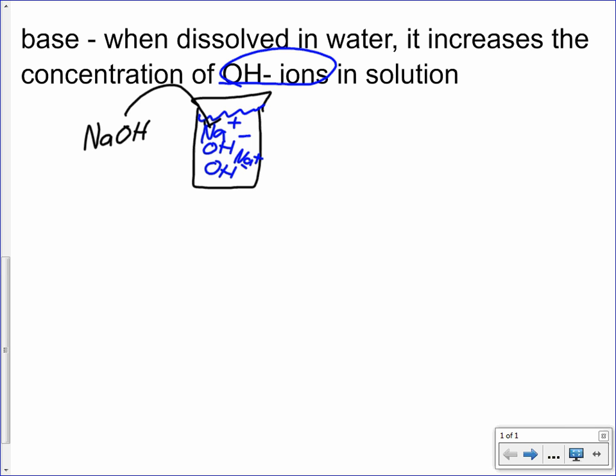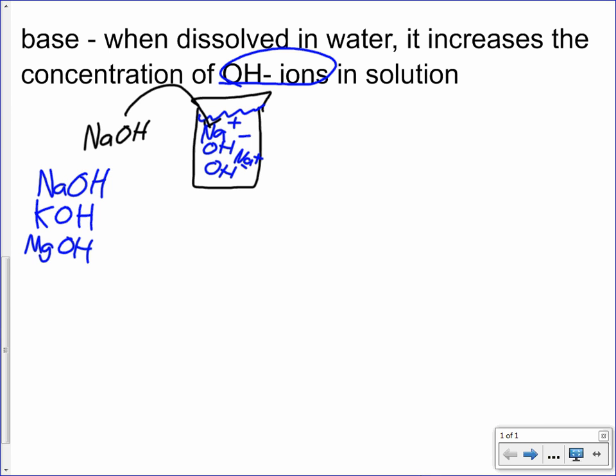As you can probably guess, bases are going to have hydroxide in common, just like acids have hydrogen in common. Some common bases are sodium hydroxide, potassium hydroxide, and magnesium hydroxide. There are a lot of different ones, but basically, if it increases the concentration of hydroxide ions, it's a base.